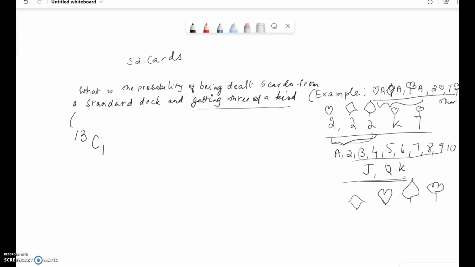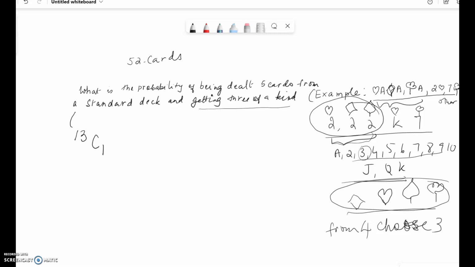If you pick any one of them, there'll be 4 possibilities, out of which we need to choose 3. Okay, so from the 4, we have to choose 3 to make the 3 of a kind. It could be any 3 of these 4 possibilities. So we are choosing 3 from 4.